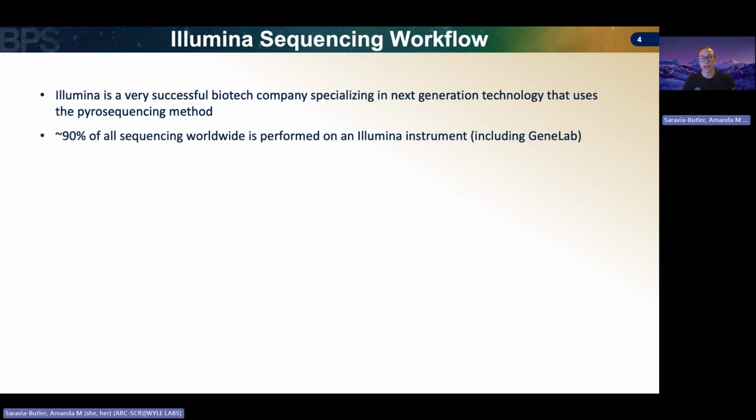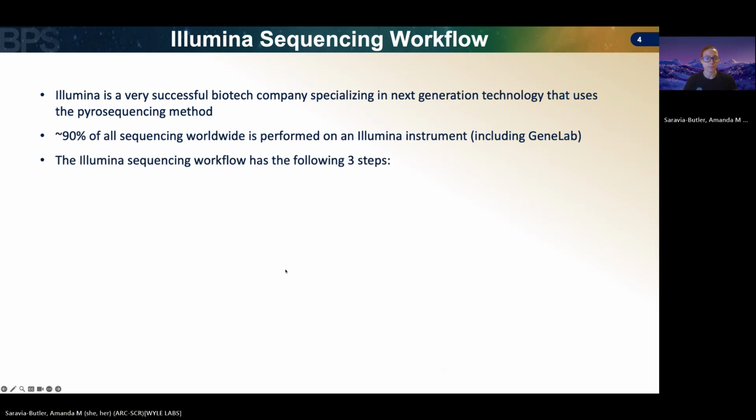And still to this day, as of the end of 2024, roughly 90% of all sequencing worldwide is performed on an Illumina instrument. And in fact, in GeneLab, we have a sample processing laboratory where we also have an Illumina instrument to perform our in-house sequencing.